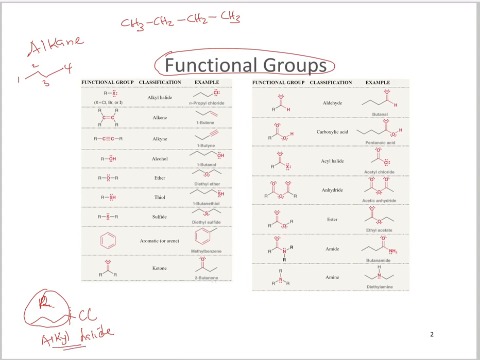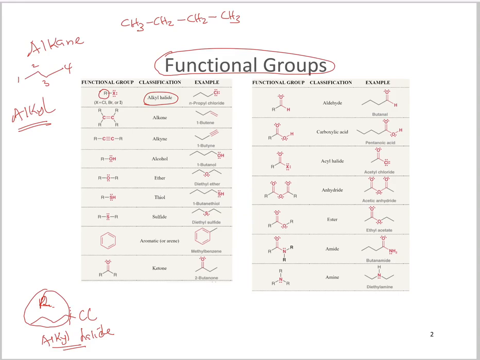Anytime you see R, it's going to represent an alkane, a portion of the alkane. If it is a branch, we call it alkyl. It's a kind of a branch of an alkane attached to something else. So we're going to have alkyl halides.